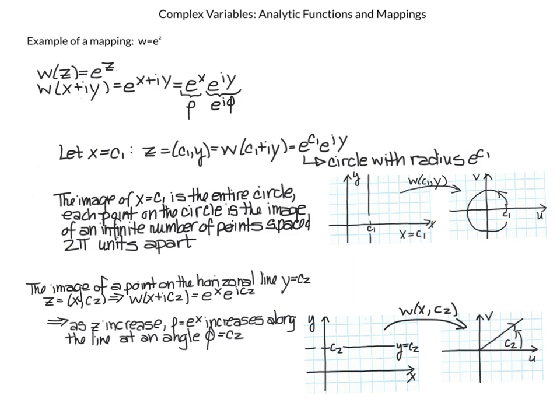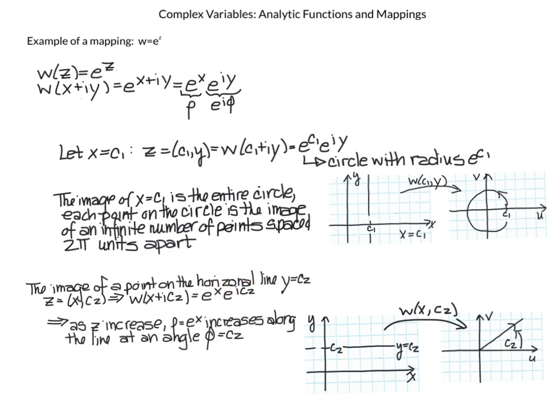If we continue our analysis now to look at the image of a point on the horizontal line y equals c2, we're going to hold y equal to a constant. So z is equal to x plus i c2, and w of x plus i c2 is equal to e to the x, e to the i c2. Here we are on this slide, y equals c2. Now as x increases, our radius is going to increase.